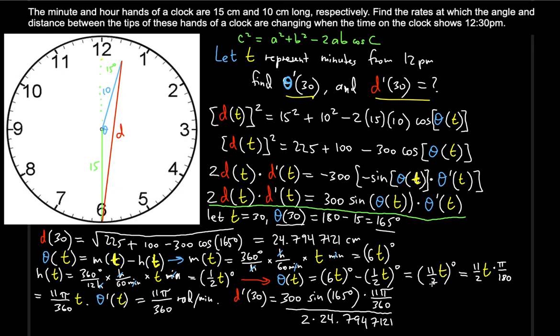Okay. Notice right away that 300 divided by 2 can be simplified. So we can actually get rid of 2, and we can write this 300 instead as 150, right? That will be easier. So we can just write 150 sine of 165 degrees times 11 pi over 360 divided by 24.7947121.